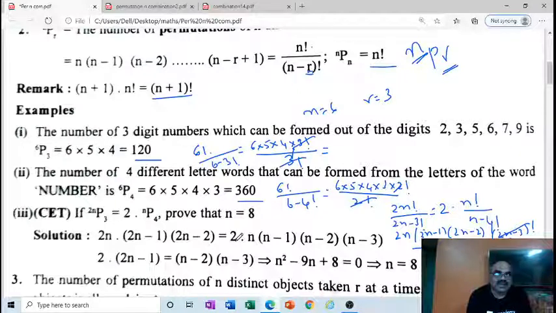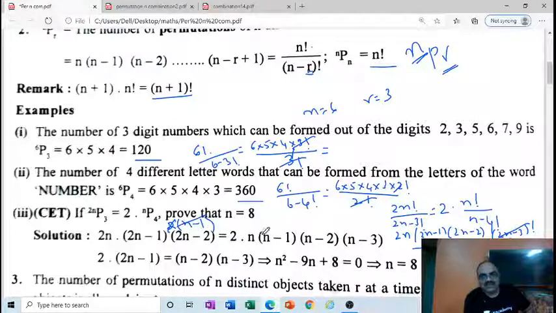On the other side, n factorial by n minus 4 factorial. So n factorial gets cancelled. What remains? n minus 1, n minus 2, n minus 3. Now in the left hand side, I can take out 2 common and it becomes n minus 1.